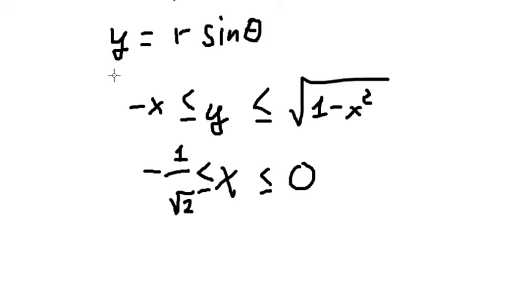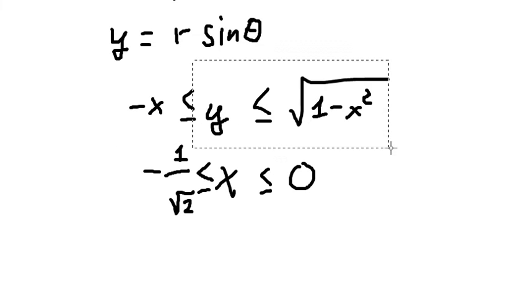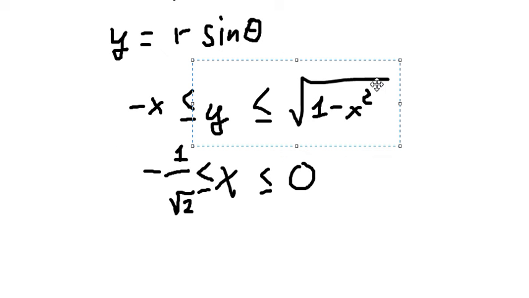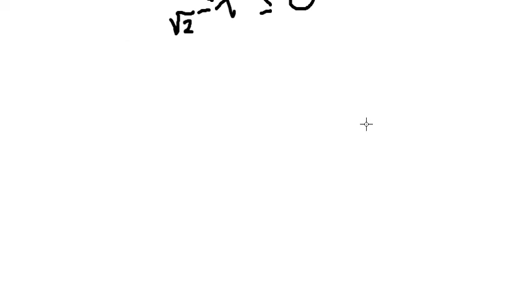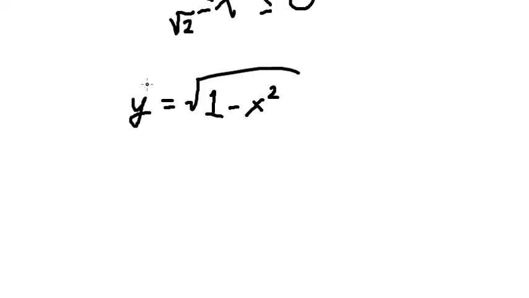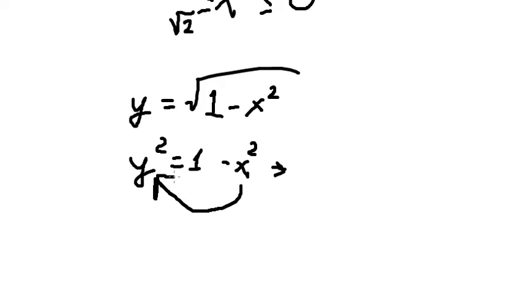And now we need to graph y equals negative x and y equals the square root of 1 minus x squared. So we put the power of 2 on both sides. So I will put negative x squared over here.